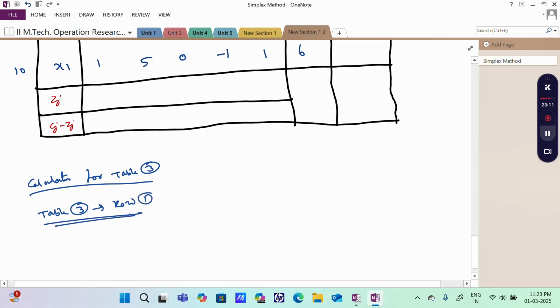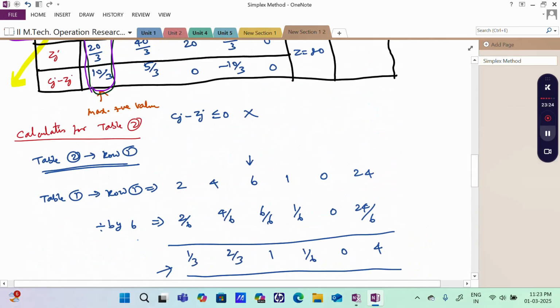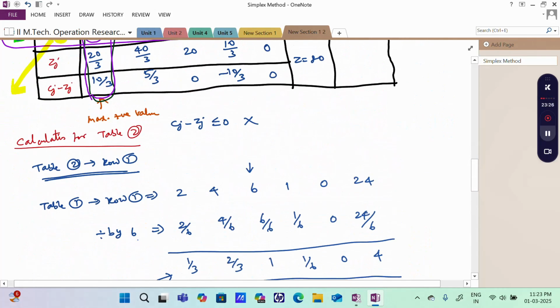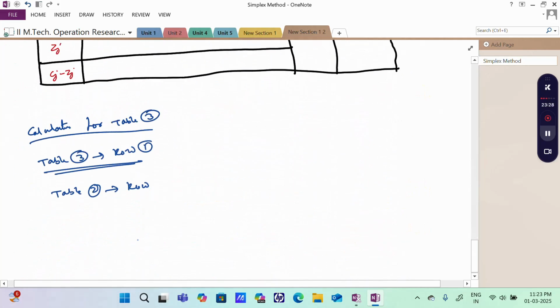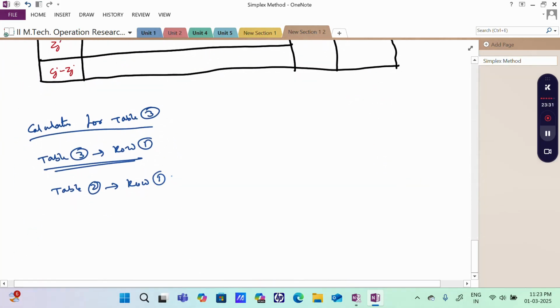The previous table, table 2 row 1 values I am going to take: 1 by 3, 2 by 3, 1, 1 by 6, 0, 4.